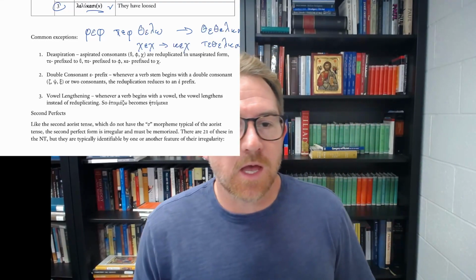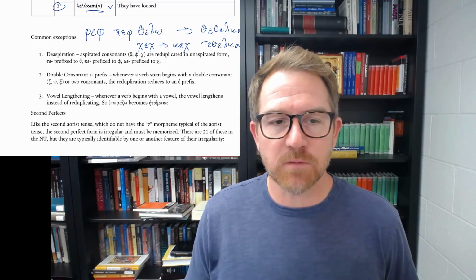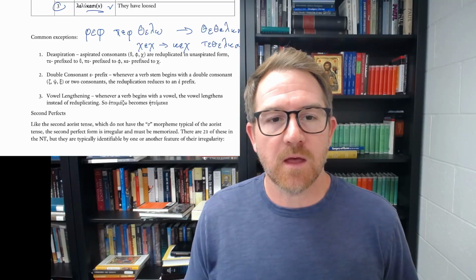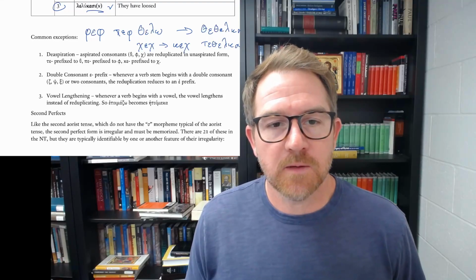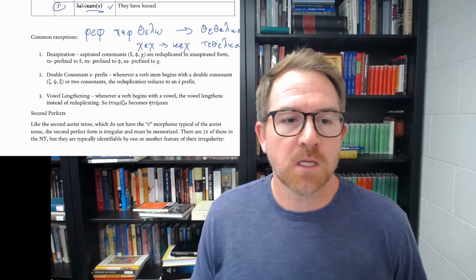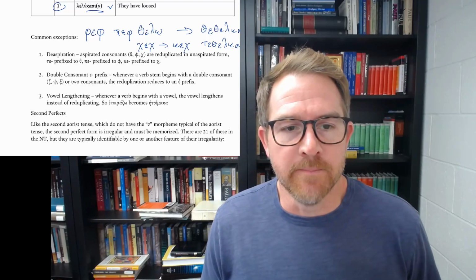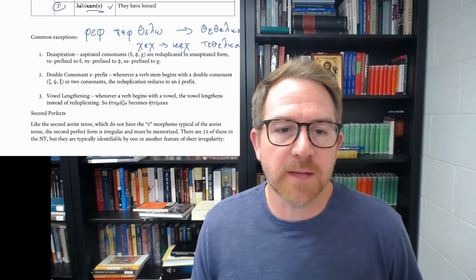So these aspirated consonants, that is consonants that have an H sound built into them, phi, theta, chi, are prefixed with their unaspirated forms. Theta becomes tau, phi becomes pi, and chi becomes kappa.